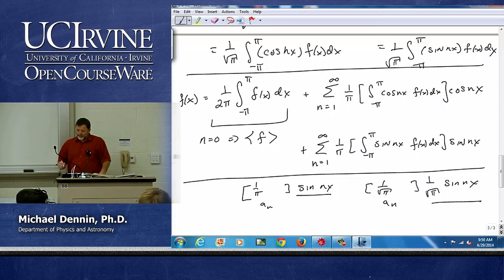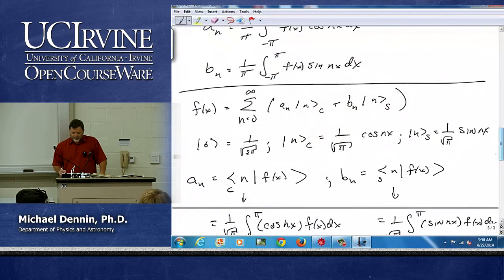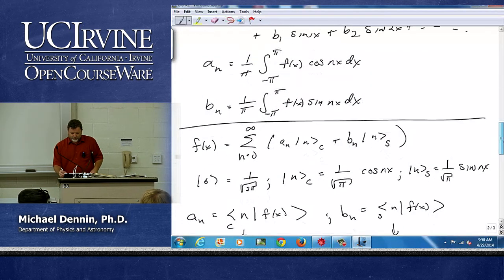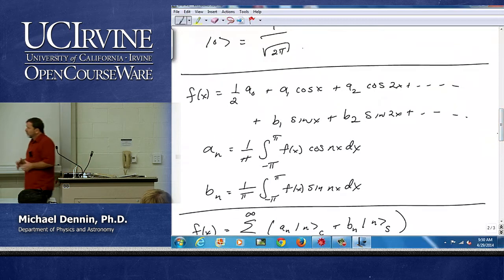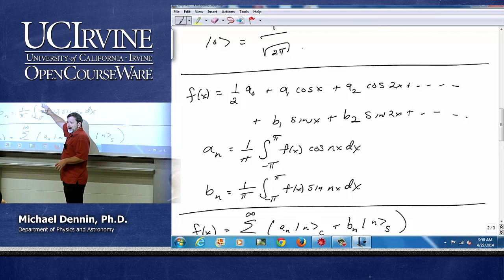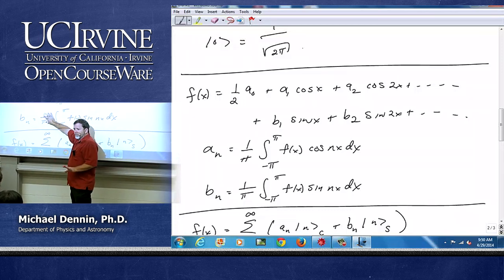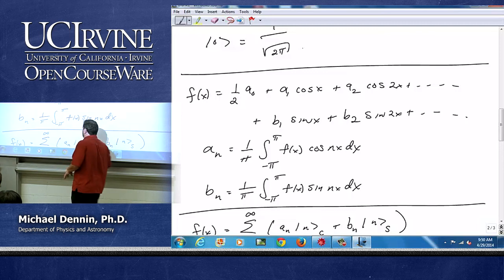Now, I want to highlight a key idea here. The book's method really is specific to the interval minus pi to pi in a sense, because they've explicitly written the function, they remembered that it's a 1 over pi, they did all of that.